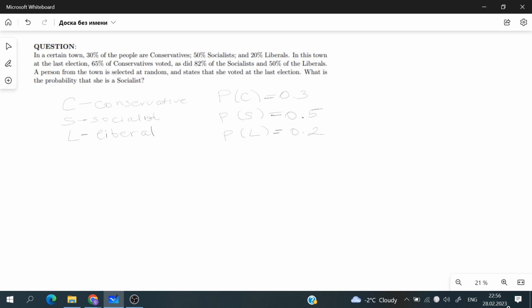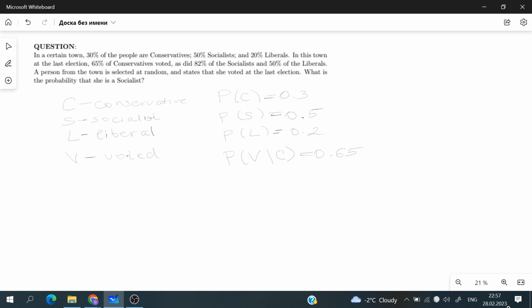And now, how can we use the second information we are given, that 65% of conservatives voted. First of all, let's denote V as person who voted. Alright? So how can we convert this information to probability? It means 65% of conservatives voted means probability that person voted given that he or she is conservative, which is 65% or 0.65.